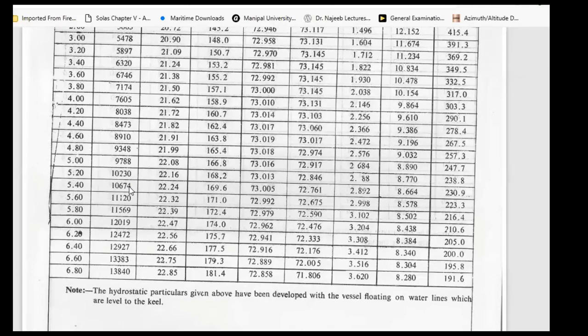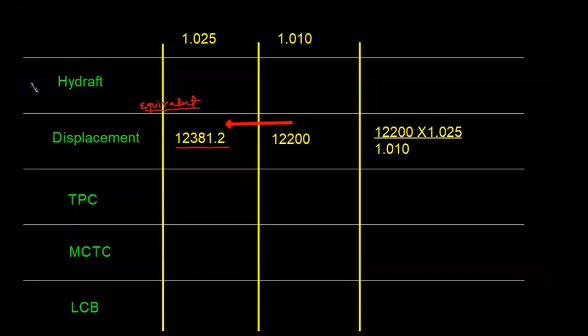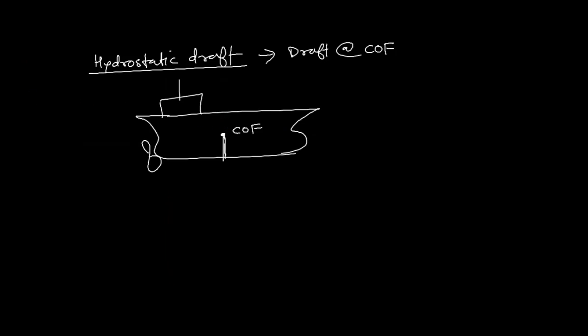There are various ways to do the interpolation, because I find sometimes people get confused with this interpolation business. So one way of doing this is, let me just show you here.